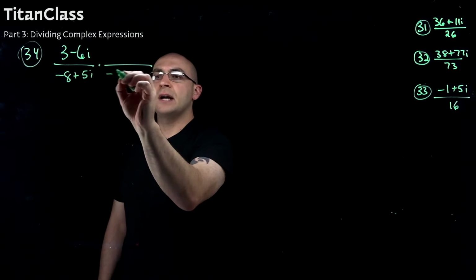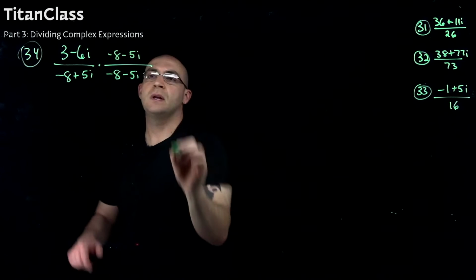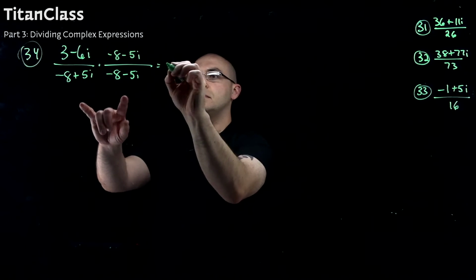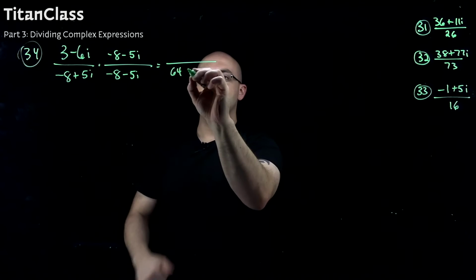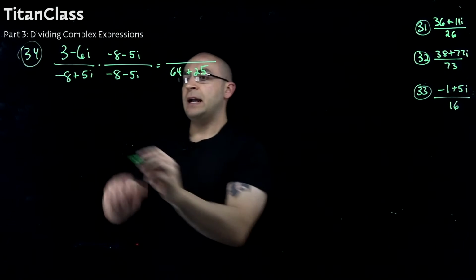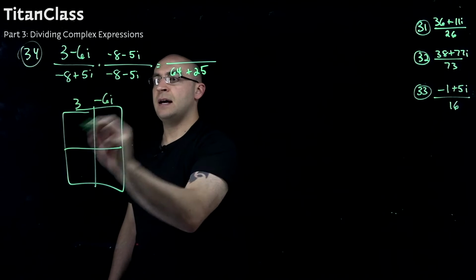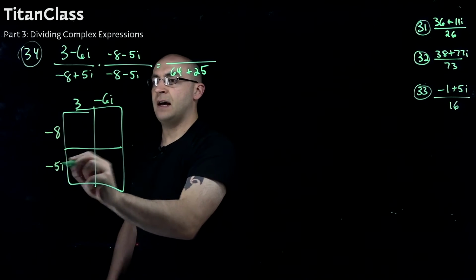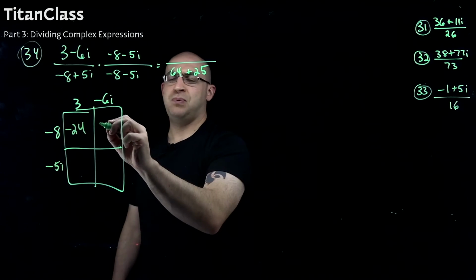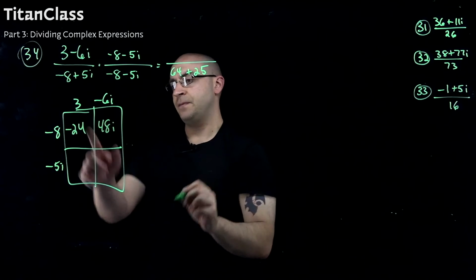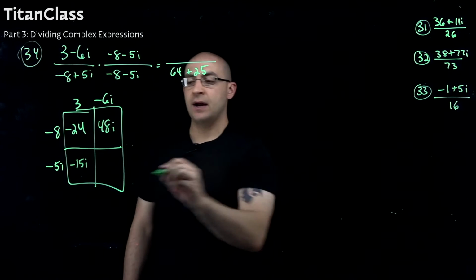Okay. Complex conjugate is negative 8 minus 5i, so that on top as well. Bottom, 64, again, that's weird. And then negative 25i squared, which is positive 25. Area model, though, top. 3 minus 6i, negative 8 minus 5i, negative 24, plus 48i, negative 15i, 30i squared is negative 30.